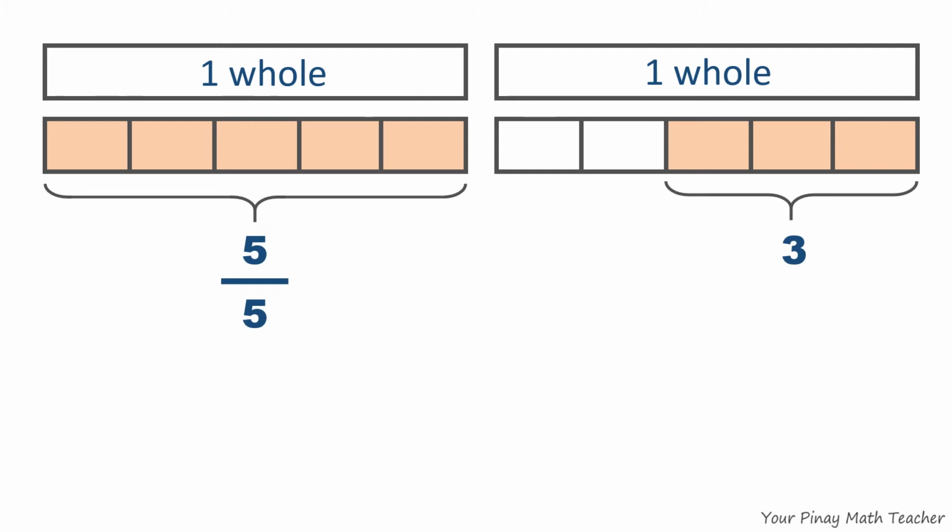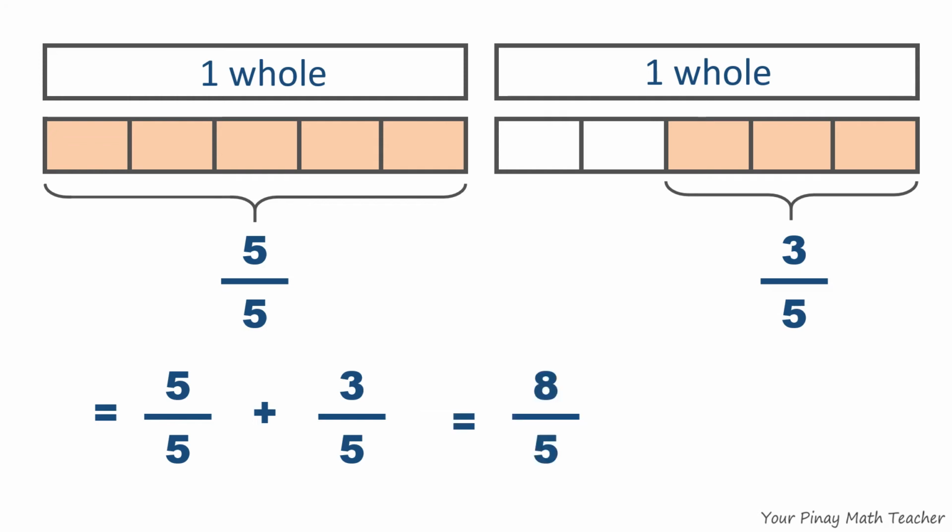So we have a fraction of 3 out of 5, or 3/5. Combining the two fractions, we have 5 out of 5, or 5/5, plus 3 out of 5, or 3/5, is equal to 5 plus 3, 8 over 5, or 8/5.